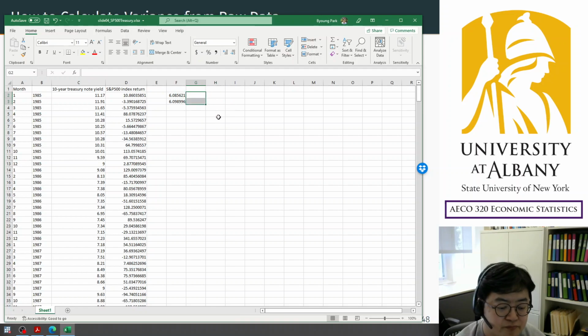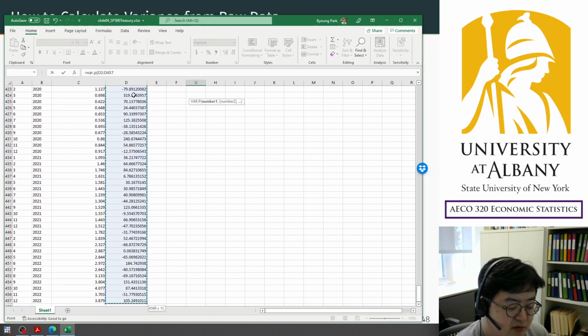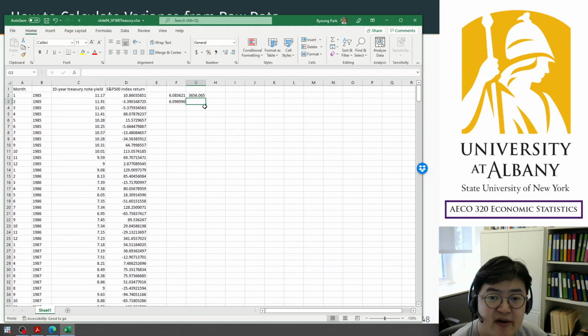So same thing. Let me do this for the S&P 500 return. S&P 500 return has a variance greater than like 3,000. So the variance of the 10-year Treasury note was 6, but it is 3,600.